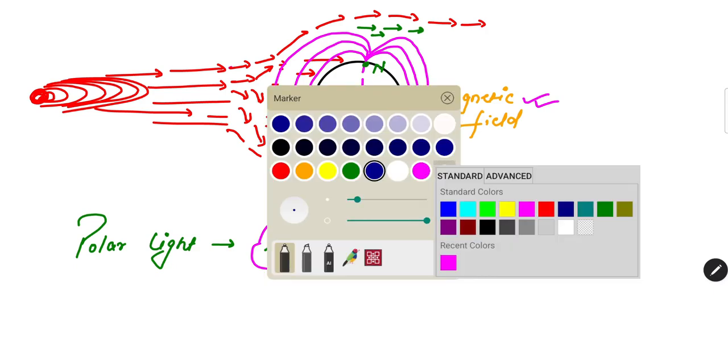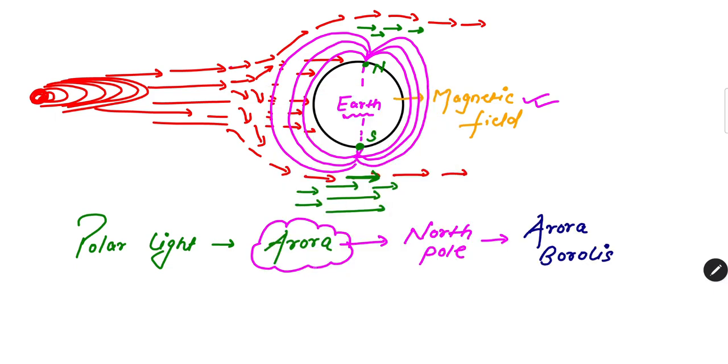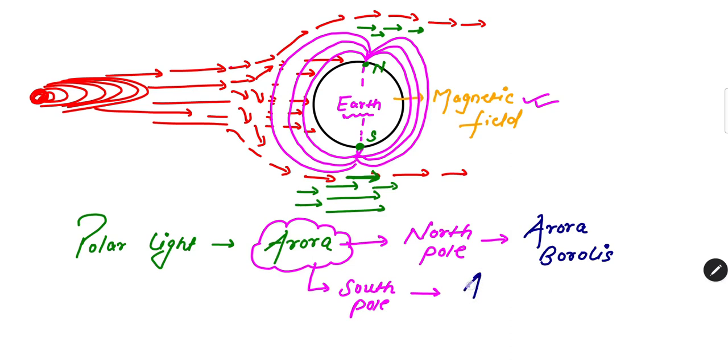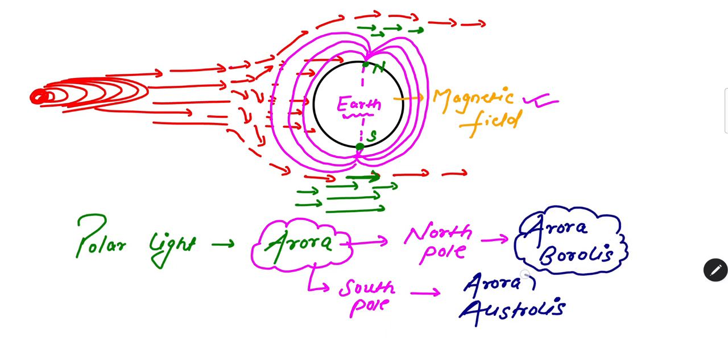And if it is formed at the south pole, then it is known by another name, that is called aurora australis. Yes, australis. So this is the whole story about the sunspots and the photosphere.